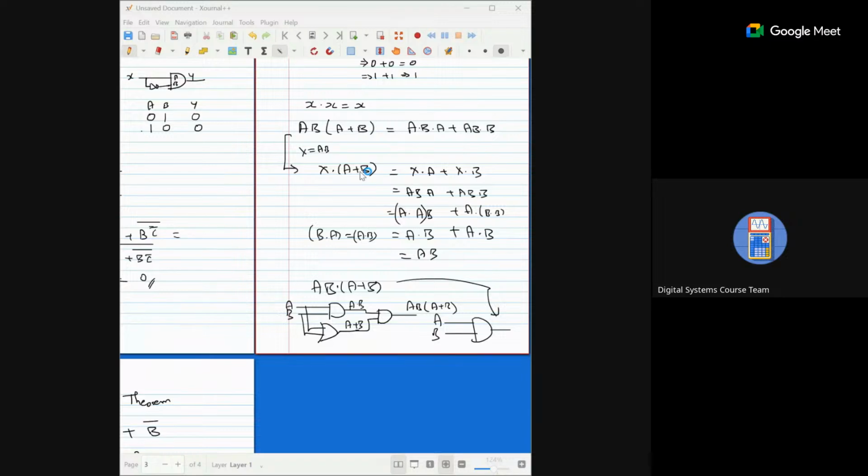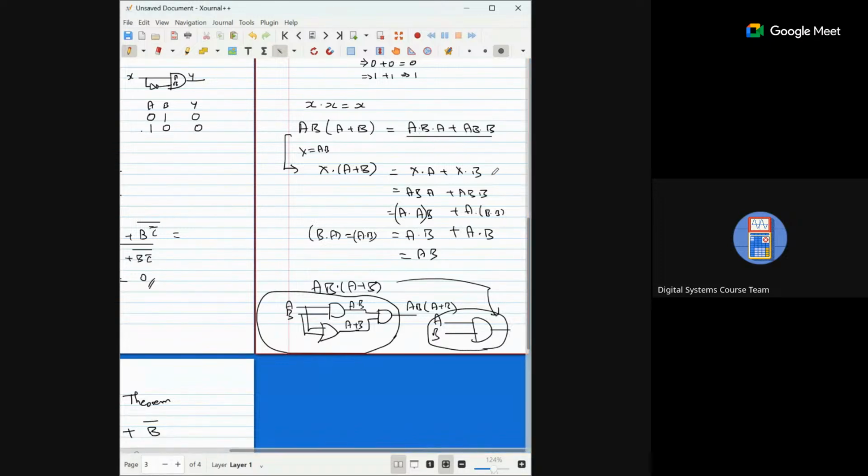Okay, so the point is that this particular functionality, performed using this number of gates, can be replaced by the simplified form of this function. How did it happen? I did some process: process 1, process 2. Finally, I concluded that the total above expression is equal to A dot B. This is called a simplification process.